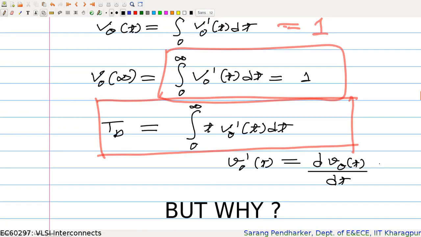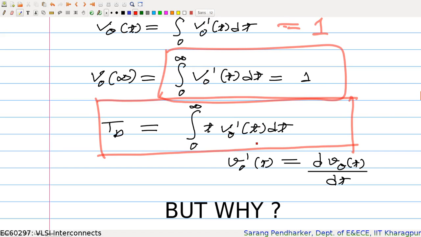At this point you might be thinking, but why would I define a delay like this, right? I mean, if I recall my initial problem, the first thing is that I did not have a simple closed form expression for my output voltage. So my output voltage was either coming as a summation, or it was an approximation, or there were complicated functions like error functions while defining this output voltage in the time domain.